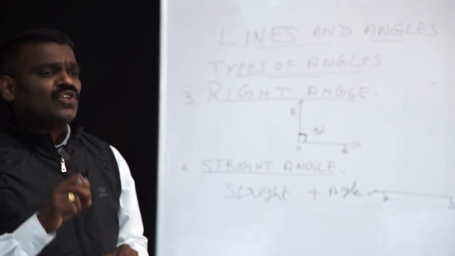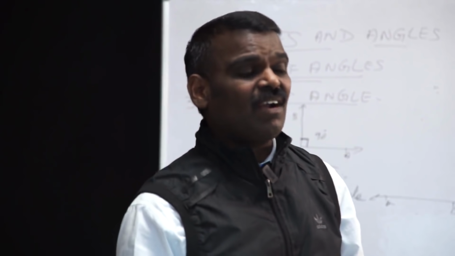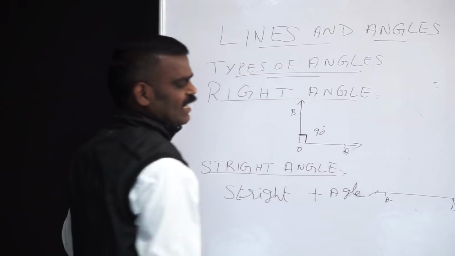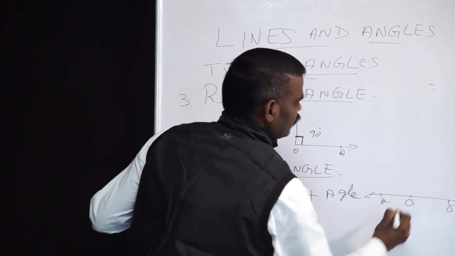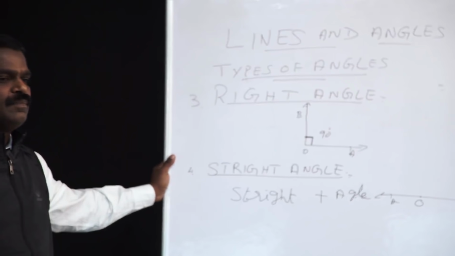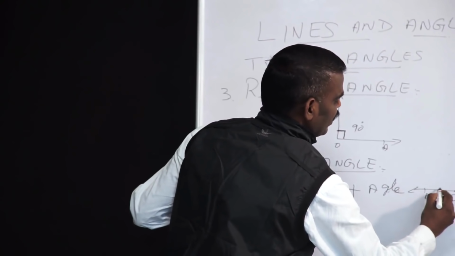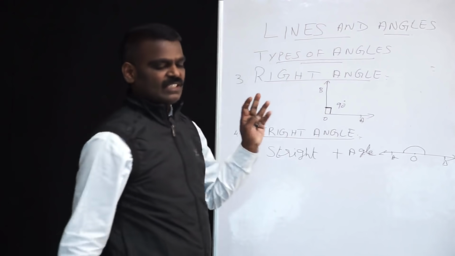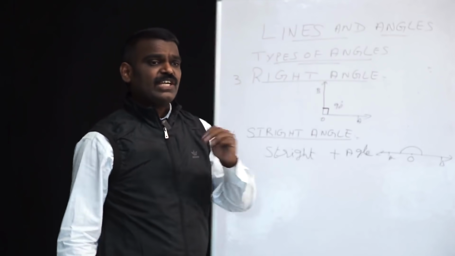The angle which is on the straight line is called straight angle. This is not an angle, this is straight line AB. Suppose there is an angle, now this becomes angle AOB. Angle AOB. This is called what angle? Straight angle. So what is the degree of a straight angle?